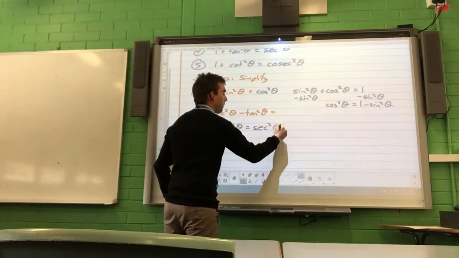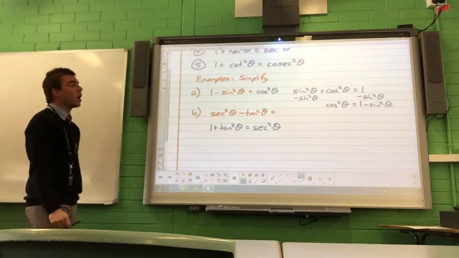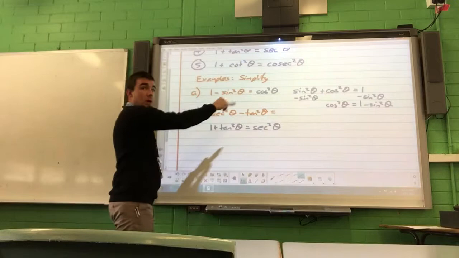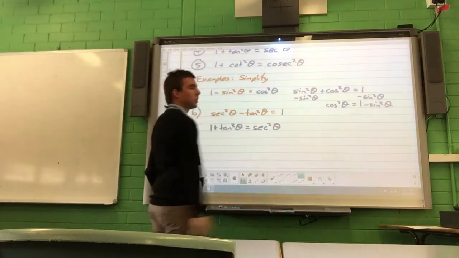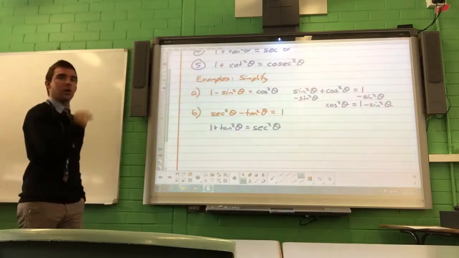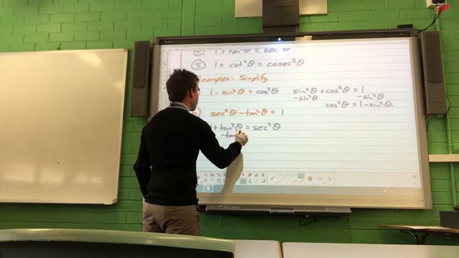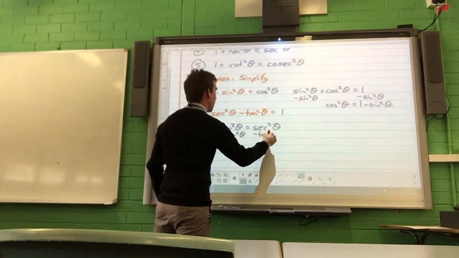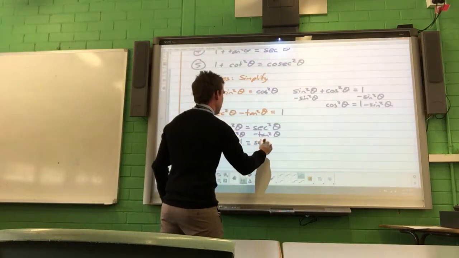So is it acceptable to just put the 1, or do you have to go through the identity? That's what I just said. You can just write the result if you can see it and move things quickly. If you weren't able to follow that, you would need to take away tan squared theta from both sides, and you're left with what we need.